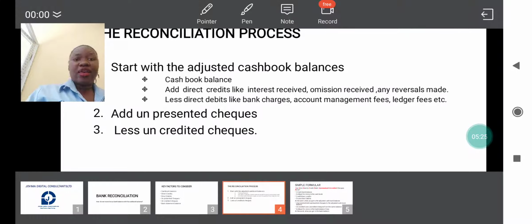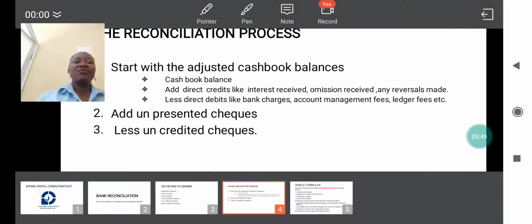Then we remove what we call uncredited checks. This is money we receive from our debtors or receivables, but it is not yet recorded in the system. Suppose I receive money today and I'm reconciling today, and this money is not yet reflected in my account.